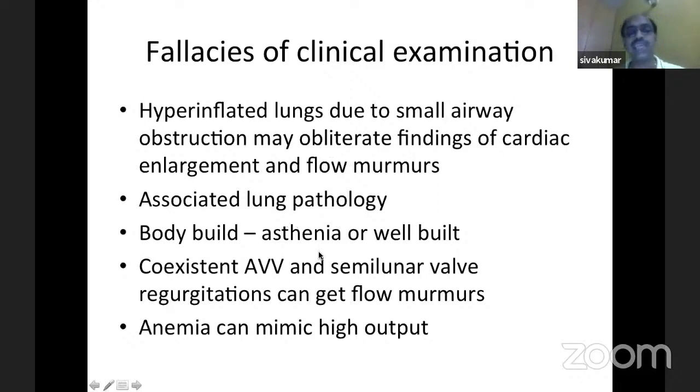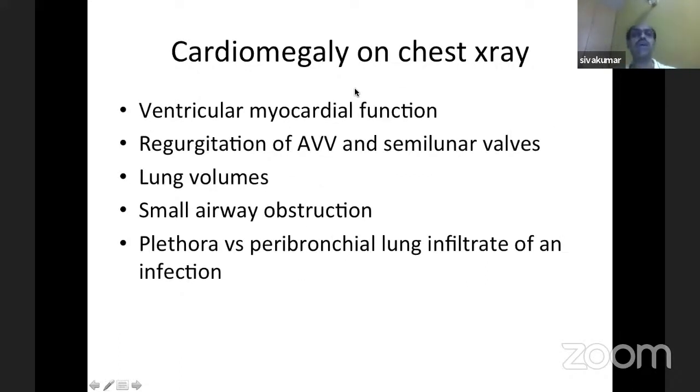Body build, whether it is asthenia or well built, they all will matter. If you are having an associated AV valve regurgitation or semilunar valve regurgitation, the heart may be very large, but the shunt may not be significant. Anemia can produce a very hyperkinetic chest, but the patient may not be operable. So fallacies are there in clinical examination also.